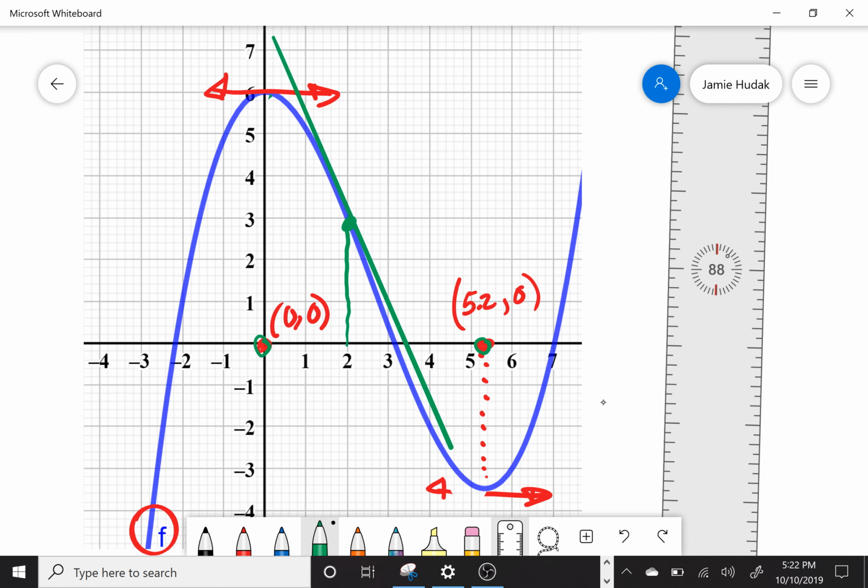And now I'm going to approximate this tangent line. From this point here, this is about midway between 1 and 2, and then to here. If I count this, I'm going about 1.5 over, that's my delta x, and 3 down.